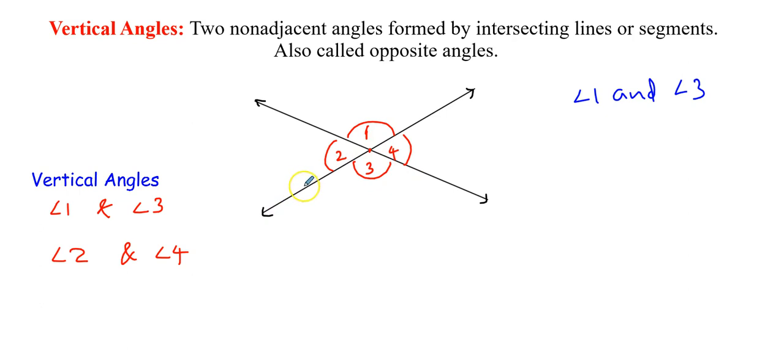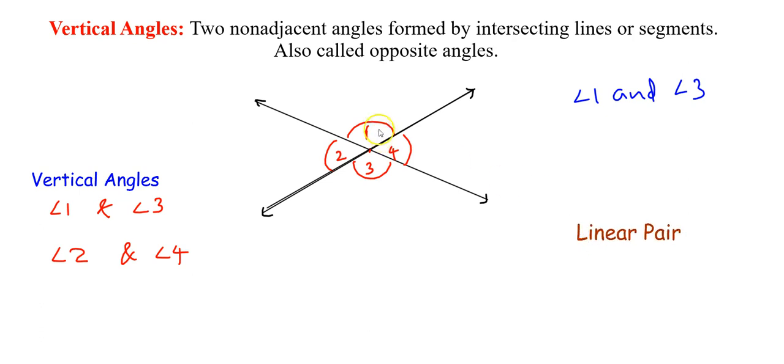Now, what is the relationship between these angles? To find the relationship between these vertical angles, I'll make use of my knowledge of linear pair. So on this straight line, you have angle 1 and angle 2. So it forms a linear pair.